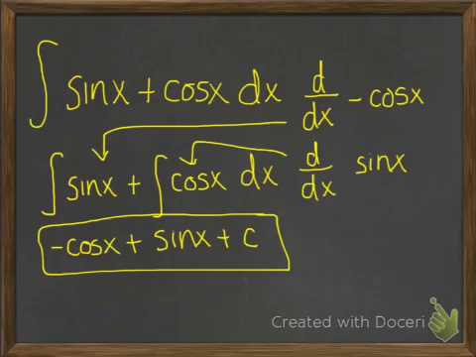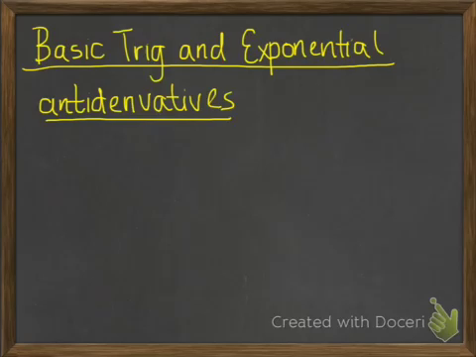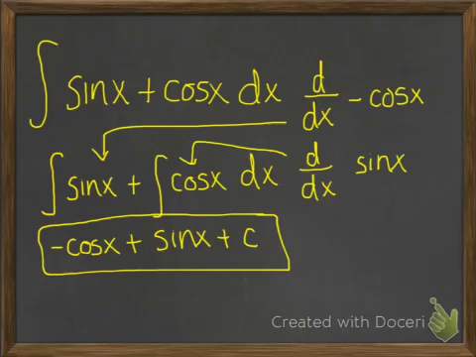Now let's look at another problem. It's going to be an exponential problem. Let's start off with something easier. The antiderivative of e to the x plus 1 over x dx.